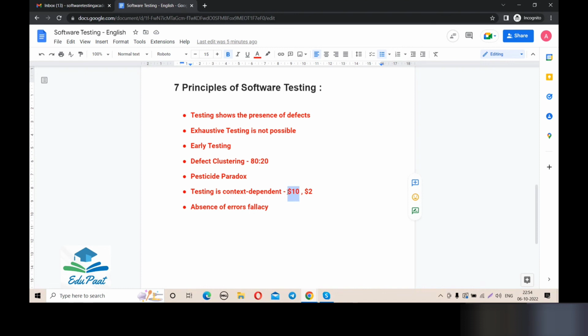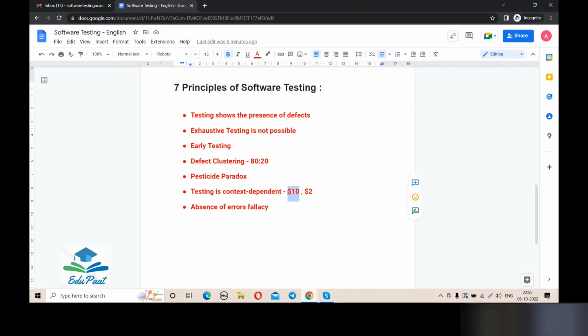So we have to choose the correct way, which is user friendly, and the product should have fewer errors. So absence of error fallacy means where the errors are fewer. If we consider the error rate, then we can tell that the product is successfully running. So that is the concept of absence of error fallacy.